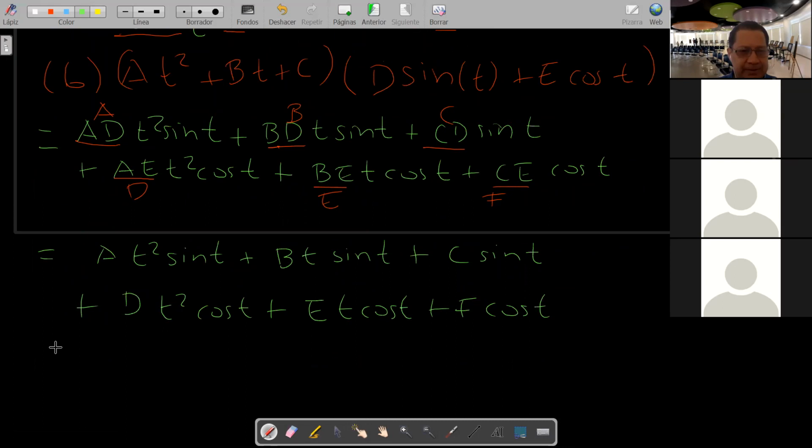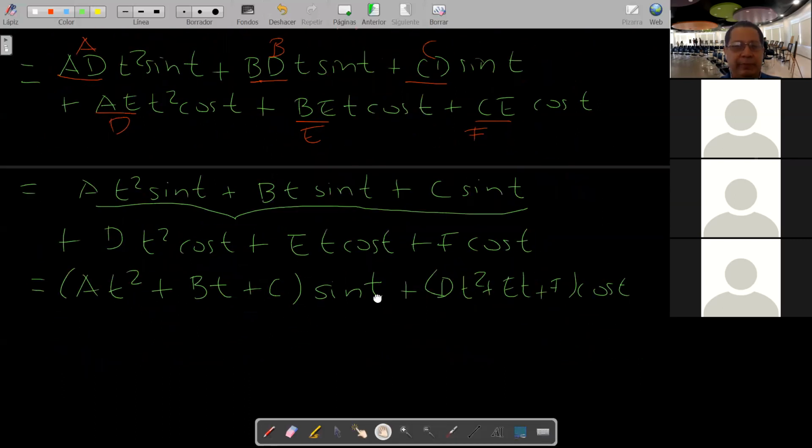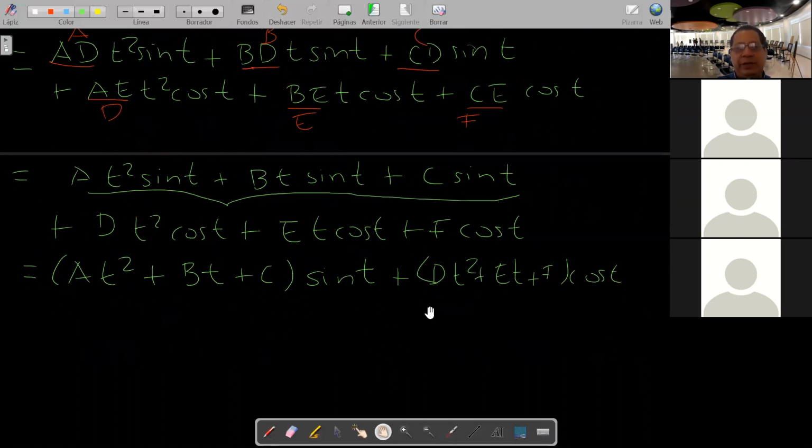And as you can see, there's a common term over here, which is sine, and in the other case it is a cosine, so we can factorize them, and we're left with this polynomial times sine of t plus another second order polynomial times cosine of t.